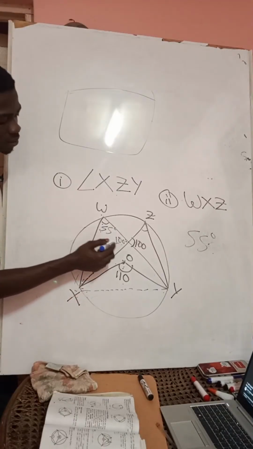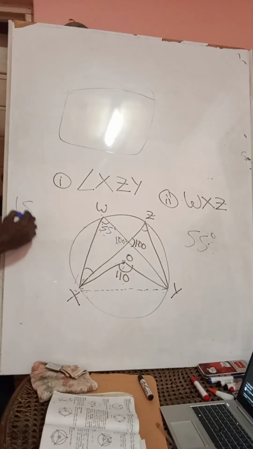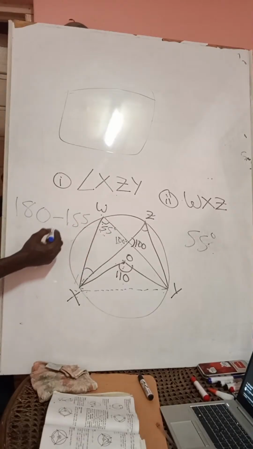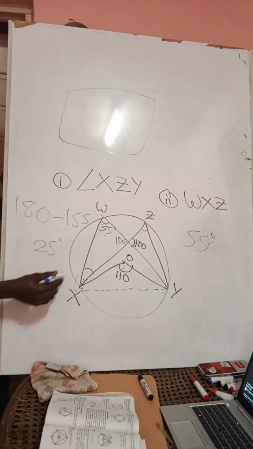You subtract 155 from 180, and then you'll have 25 degrees. So the angle here will be 25 degrees.